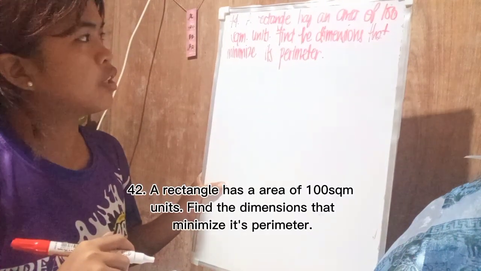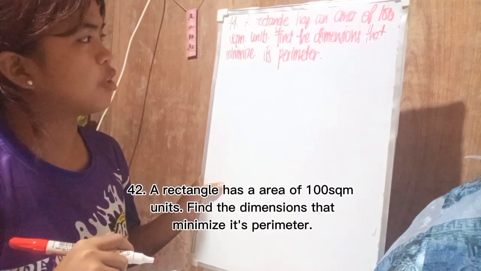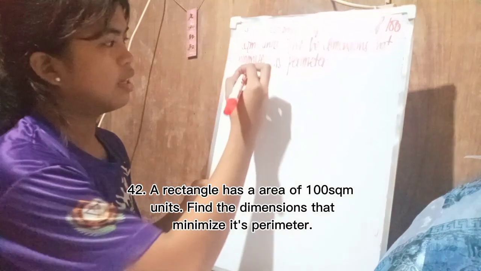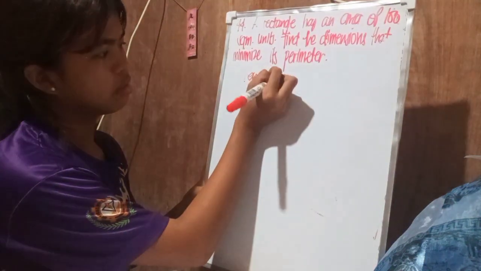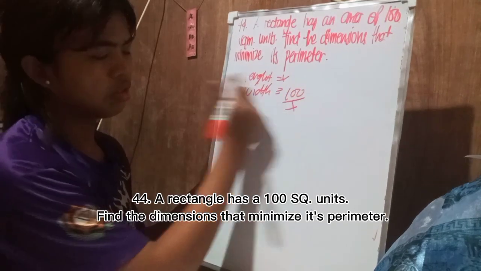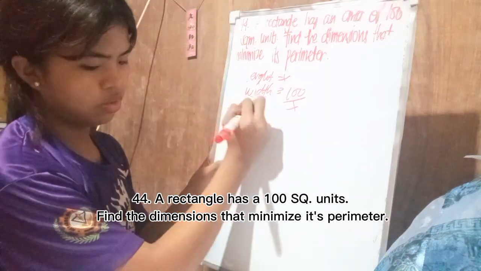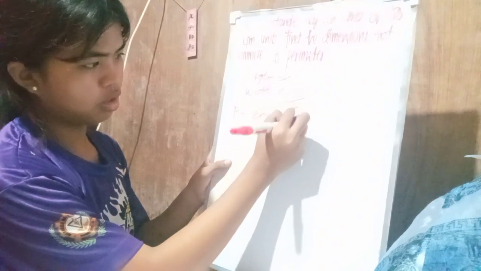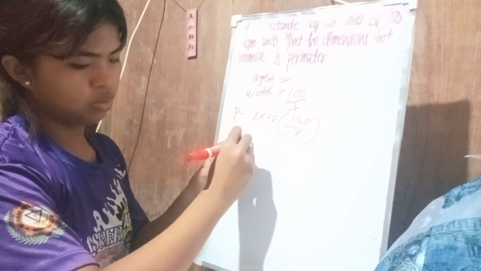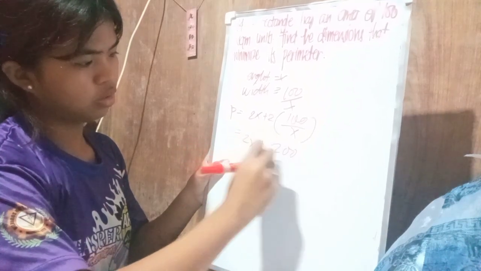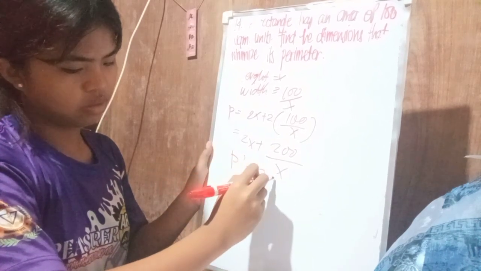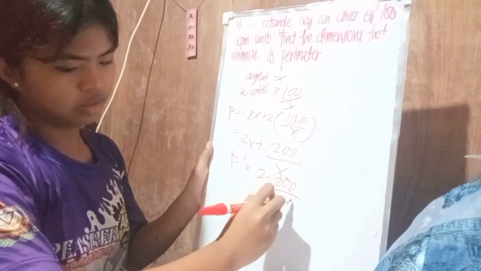So, number 44, a rectangle has an area of 100 square units. Find the dimension that minimizes its perimeter. So, let the length be x, and the width will be 100 over x. So, P is equal to 2x plus 2 times 100 over x, which is 2x plus 200 over x. Now, P prime is equal to 2 minus 200 over x squared.